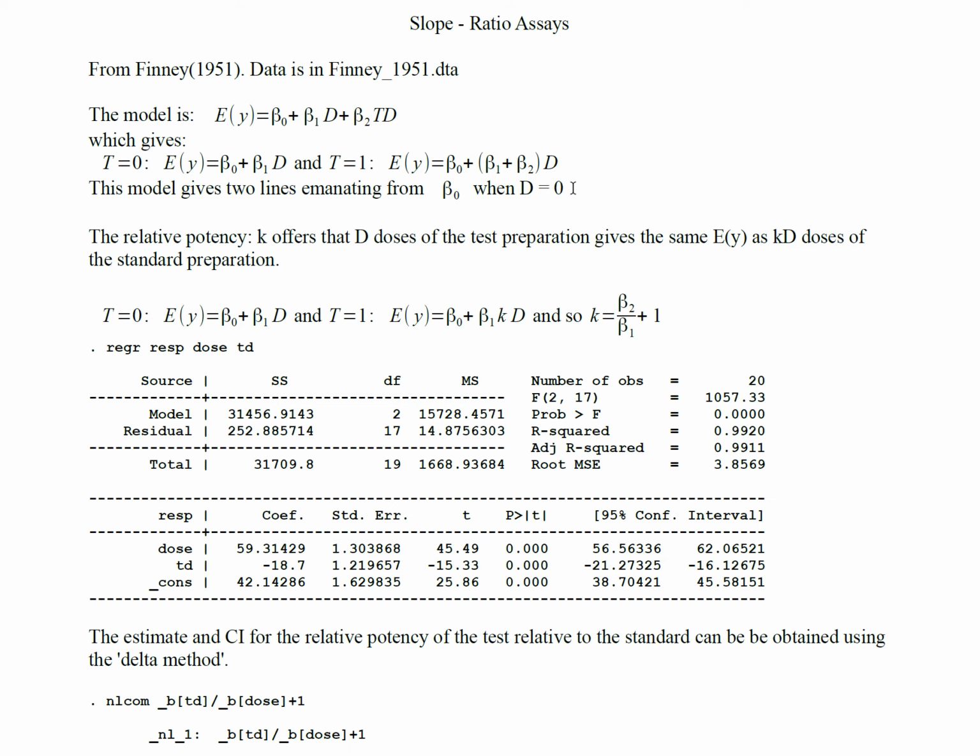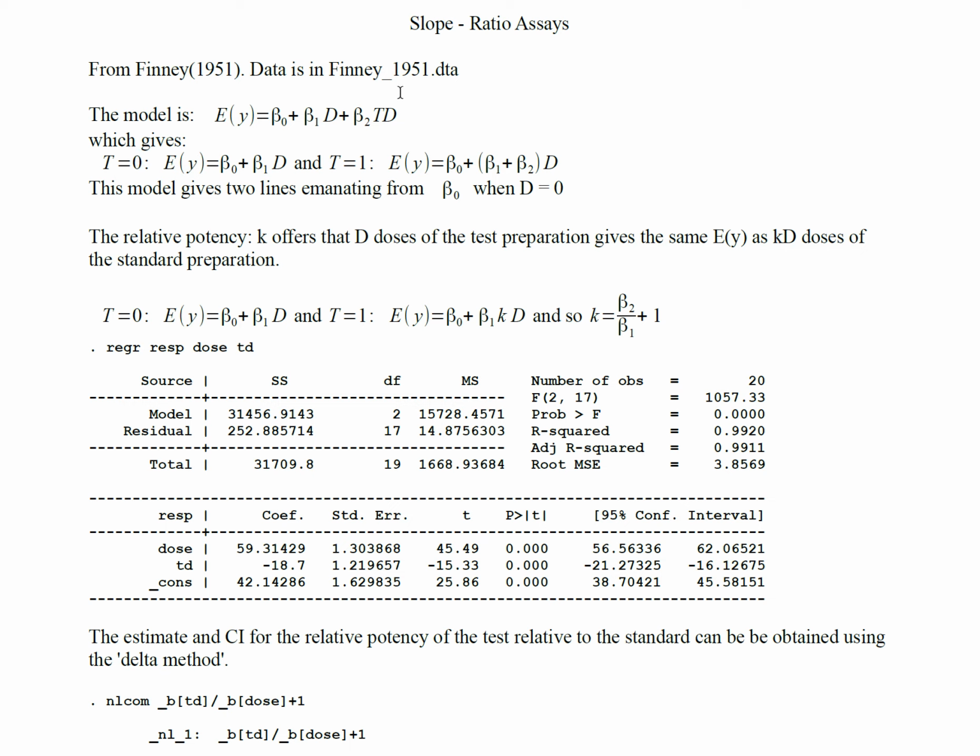So it turns out then that the model should look like this if we wish to have two lines emanating from a particular value when the dose is 0. So we're going to have T equal 1 for those receiving the test preparation, and T equals 0 for those receiving the standard preparation, okay?